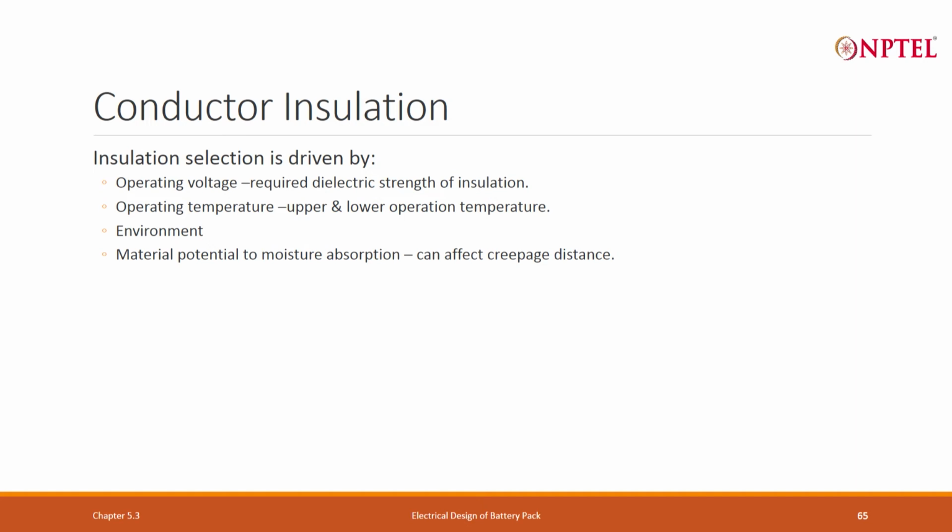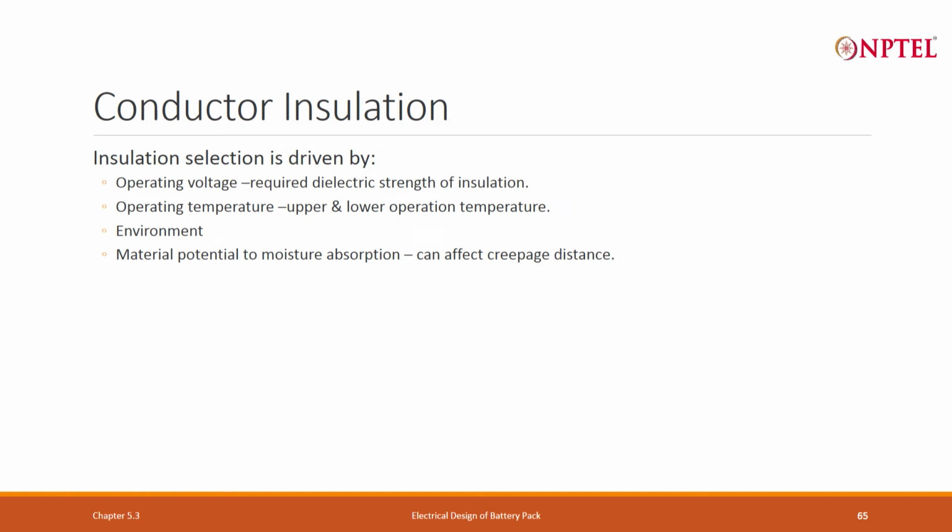Operating temperature, because everything has some melting point. So, whatever the operating temperature, it should be firm and rigid. If I am saying my operating temperature is -42 to +70, in that case it should be firm and rigid. It should not lose its property. It should also withstand the environmental conditions.